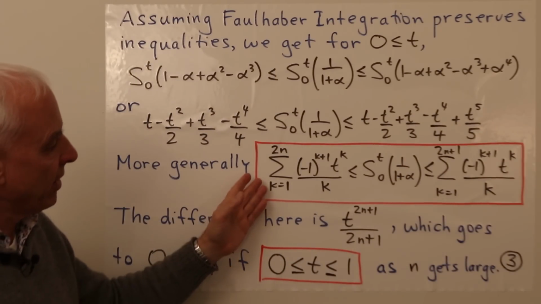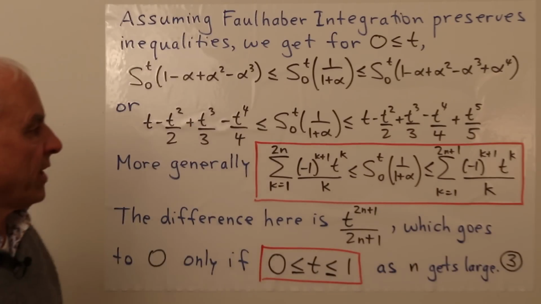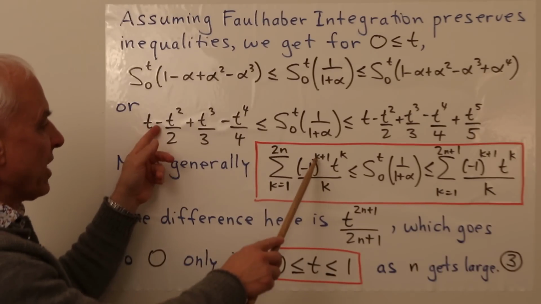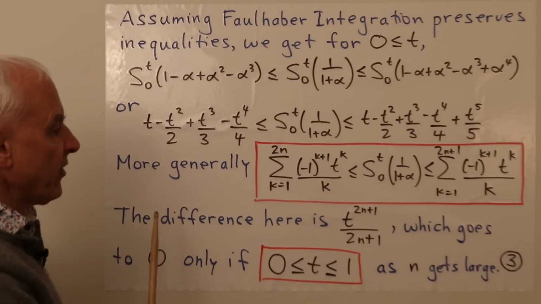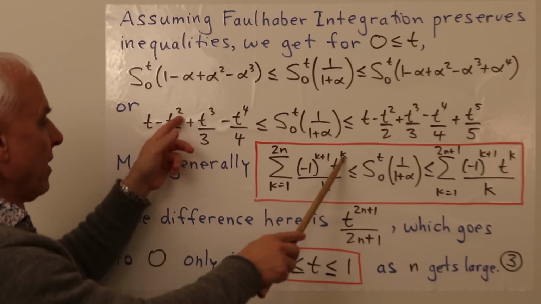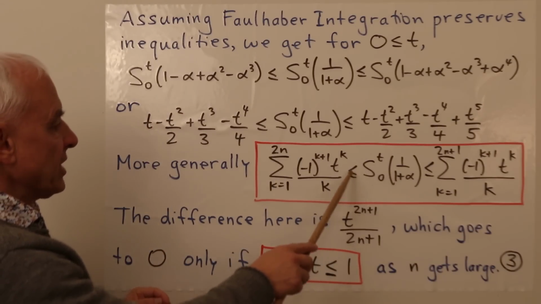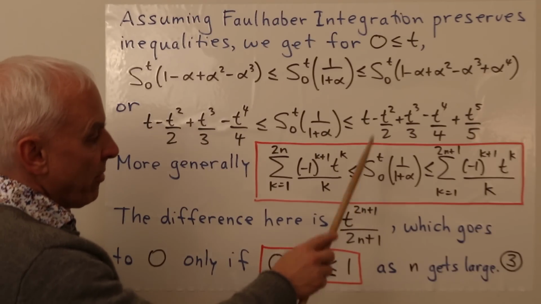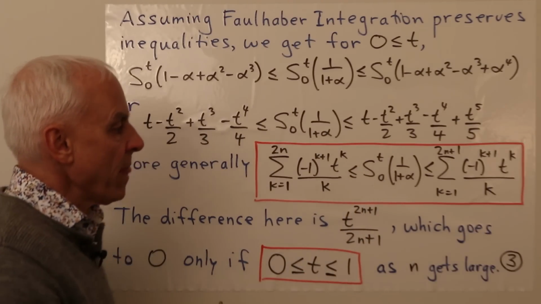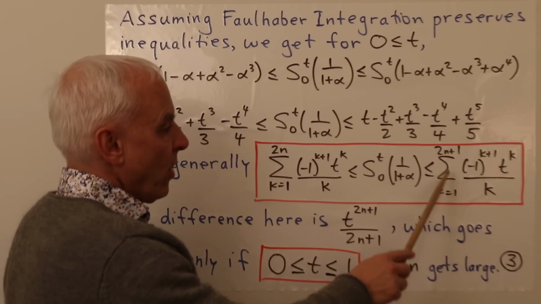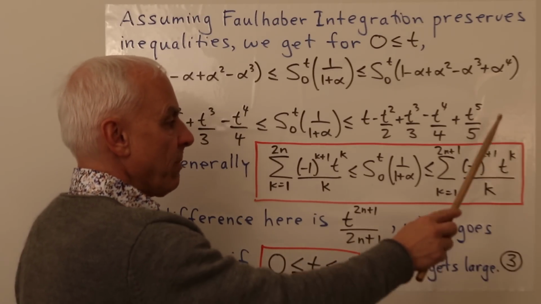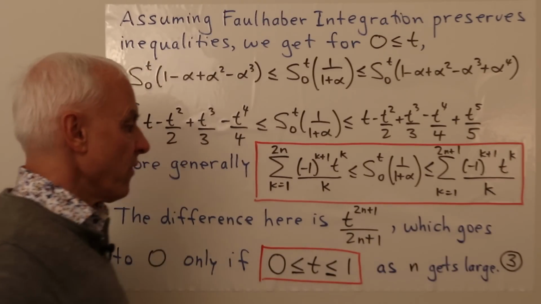So here is the general form for the inequality that I've written a special case of here. The sum from k equals 1 to 2n of minus 1 to the k plus 1, so we're alternating plus and minus, t to the k over k, is less than or equal to the signed integral from 0 to t of 1 over 1 plus alpha, which is less than or equal to the sum from k equals 1 to 2n plus 1 now of the same quantity, minus 1 to the k plus 1 times t to the k over k.